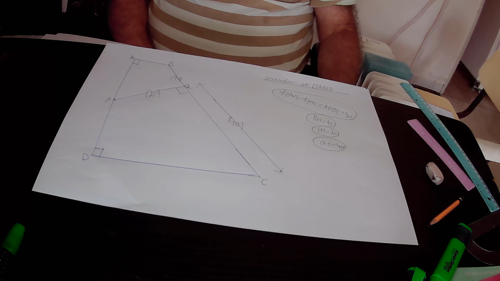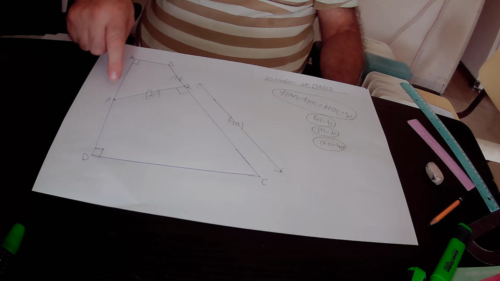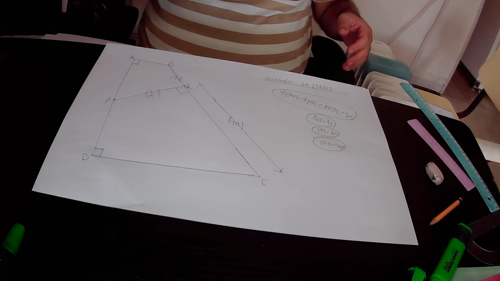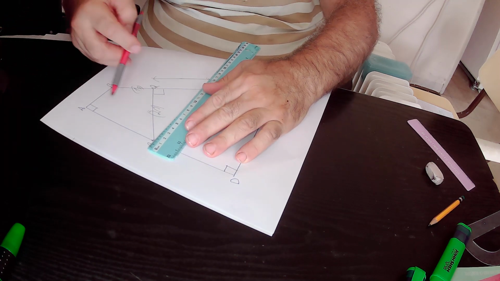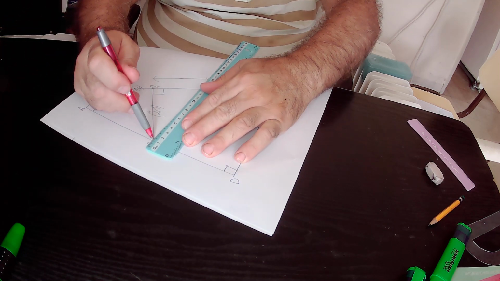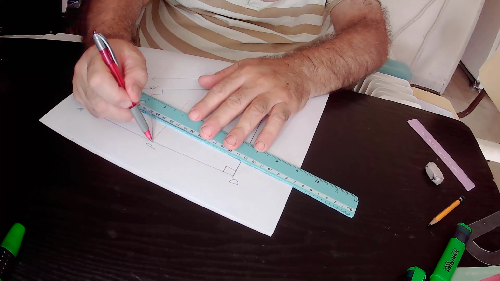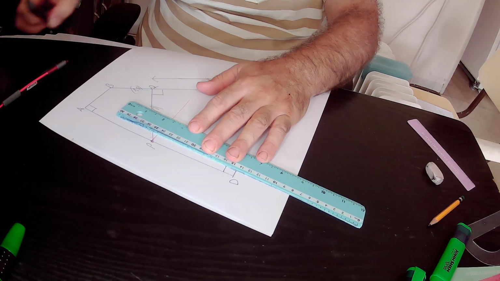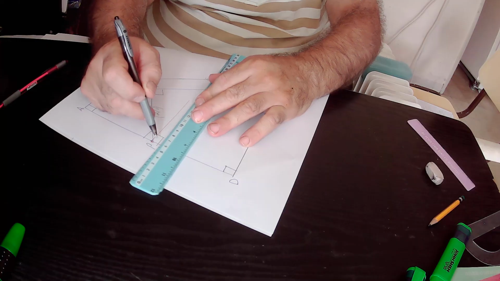So in the first step, we will do a construction. That is to say, we will draw a perpendicular on AD at point P. Especially, this angle equals 90 degrees in its side, and this angle also equals 90 degrees in its side, according to our construction.